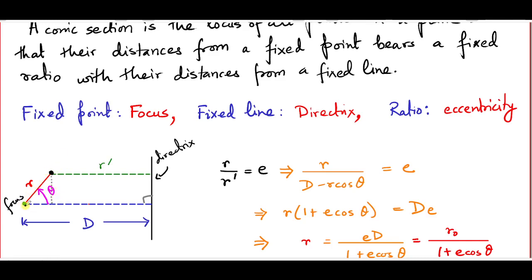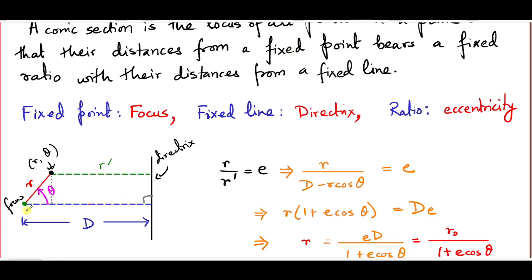We can use r and theta as polar coordinates for this particular point, and that's exactly what we are going to do right now. Now note that the distance r prime of this particular point from the directrix is easily related to this distance d, which is fixed, of course, the distance between the directrix and the focus, and these quantities r and theta.